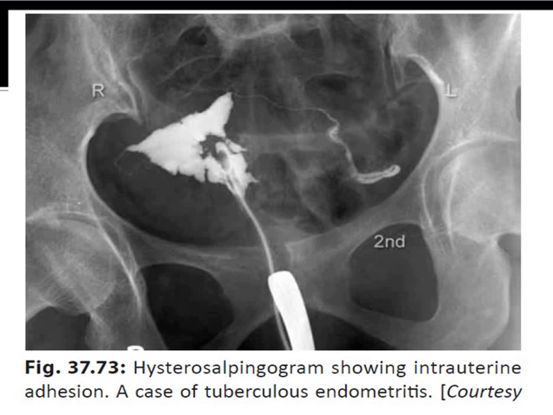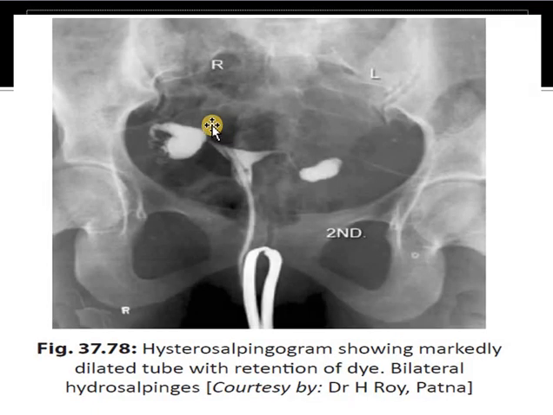If ESR is more than 30 or if the Mantoux test comes positive, then of course this is a case of uterine tuberculosis.